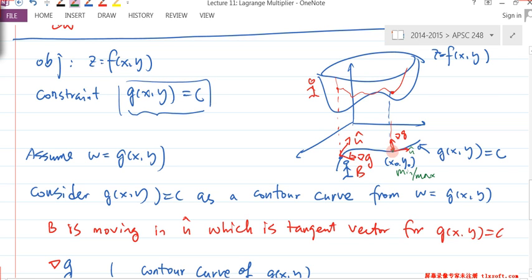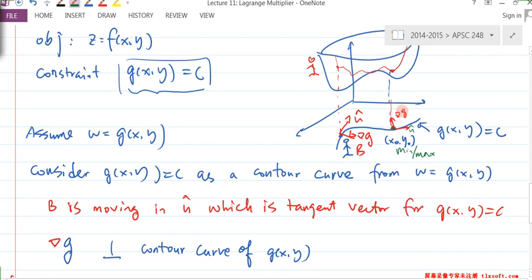The del F is perpendicular to u hat too, right? So how do I draw the del F? You did assignments. At this location, calculate the gradient vector and draw the del F. Both del G and del F, in this case, are in this xy plane, right? So you consider the geometry here. This guy is perpendicular to u hat, and del F is also perpendicular to u hat. So tell me, what would be the relationship between the vector del G and the vector del F?